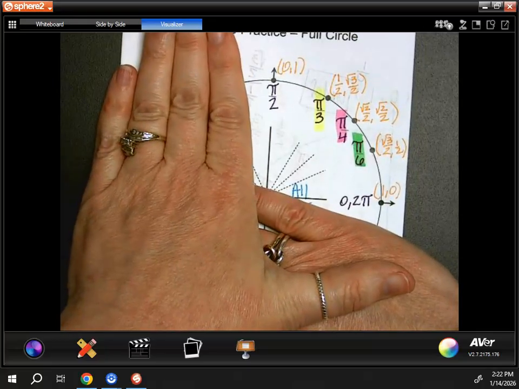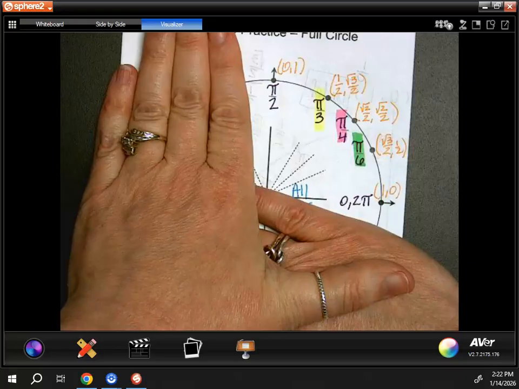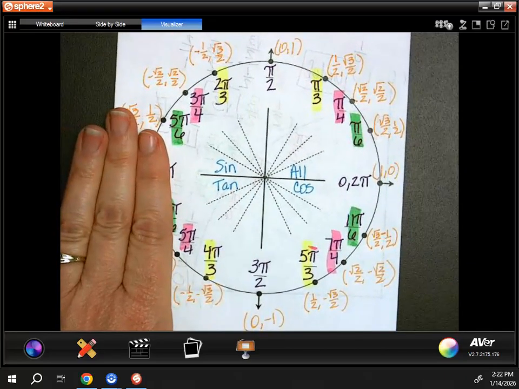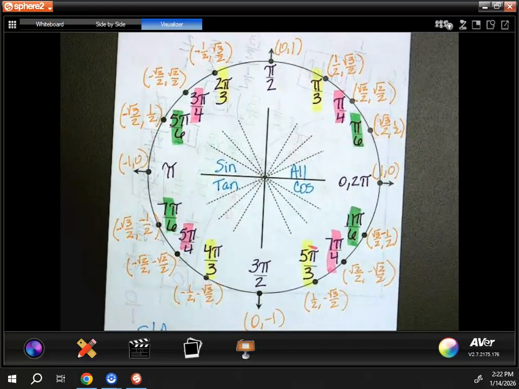I give you a blank one, you put in your angles, and you put in your ordered pairs. That's not right.